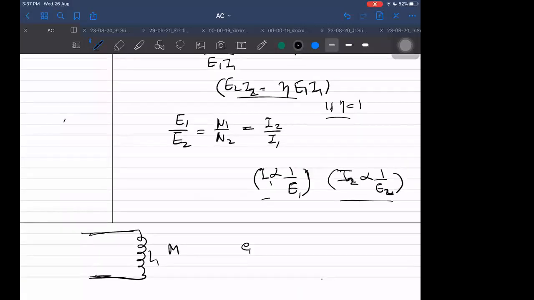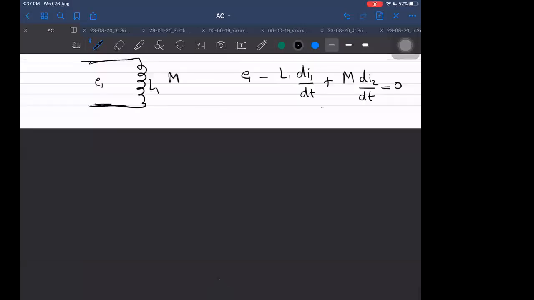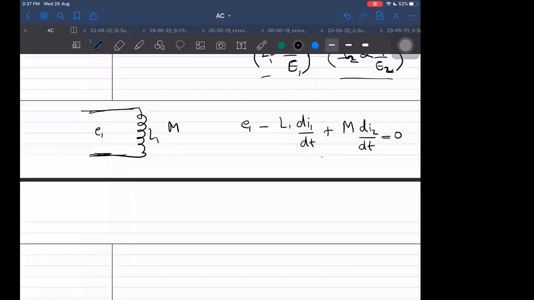Then I will write E1 minus L1 into di1 by dt plus, minus of minus becomes plus, M into di2 by dt is equal to 0. Then I can write this as E1 is equal to L1 minus M into d... No, I cannot take that common again. Problem. What should I do now?